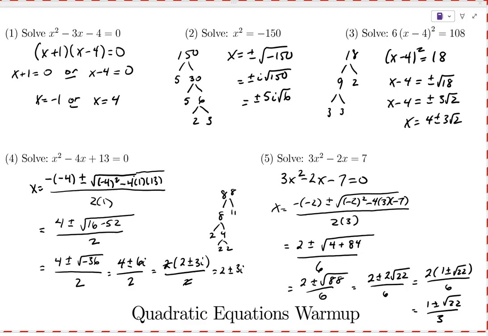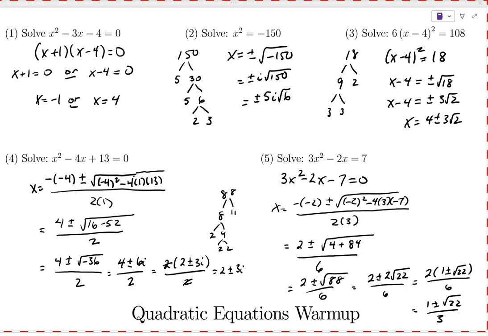So in number 5, your first step should bring the 7 over. In order to be able to use either factoring or quadratic formula, you have to have 0 on one side. Now they're pretty much the same problem. Your A in the first one is 1. Your B is -4. Your C is 13.